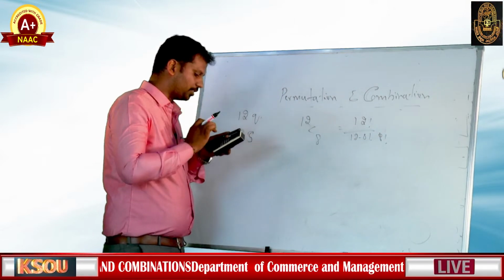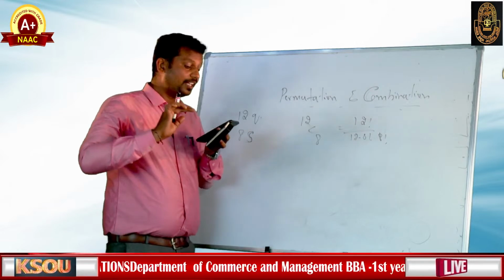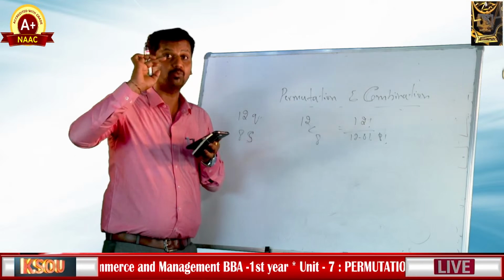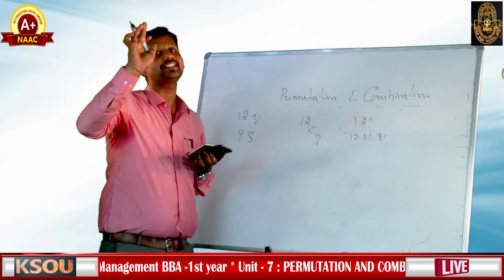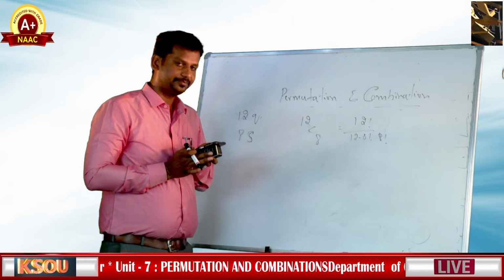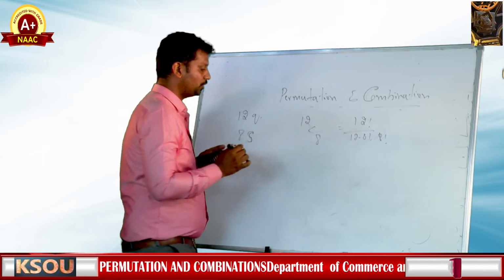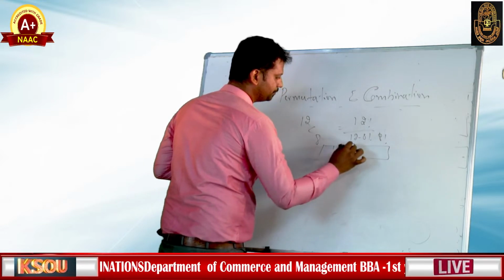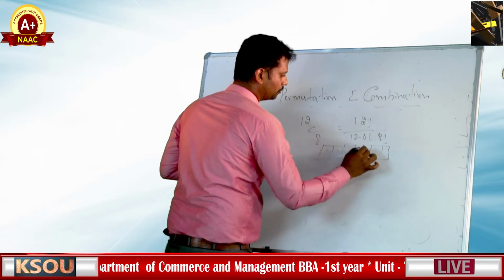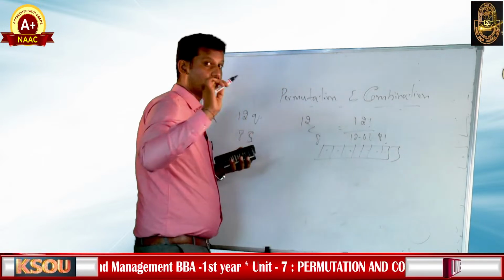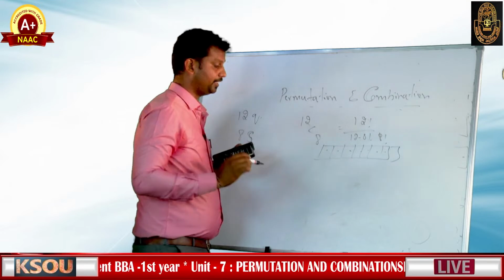Then continue the question. What is the question? In how many ways can he do it if questions number 1 and 2 are compulsory? So here what happened? In the total of 8 questions, questions number 1 and 2 are compulsory.